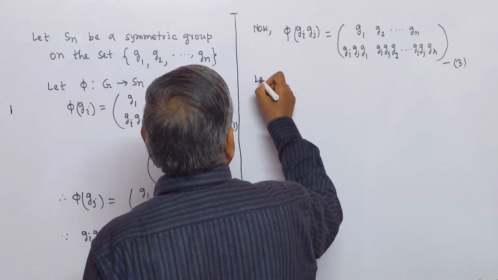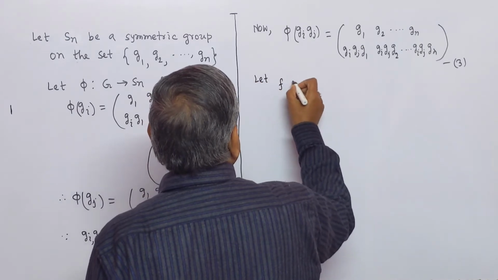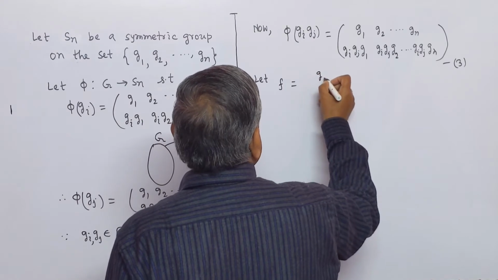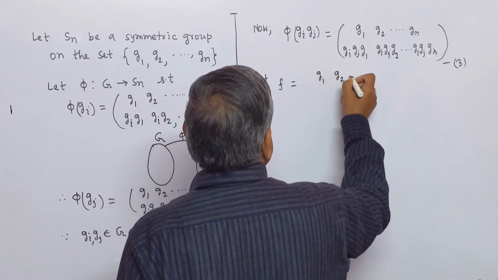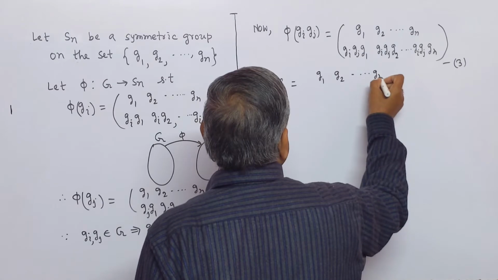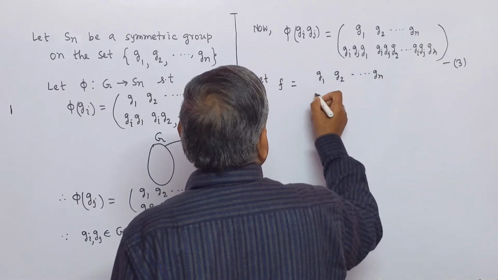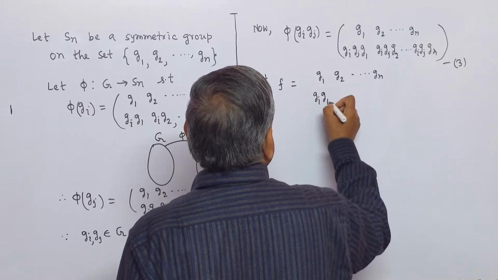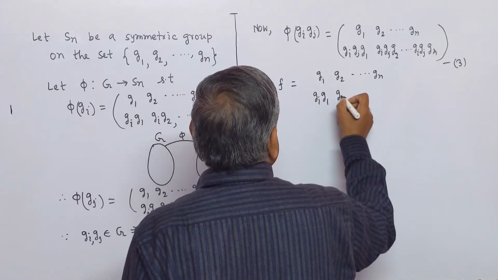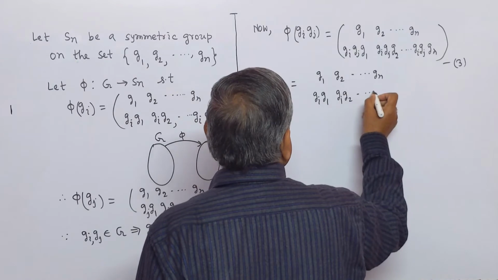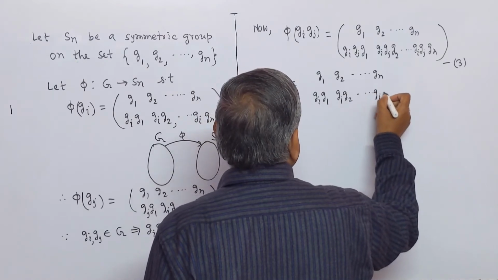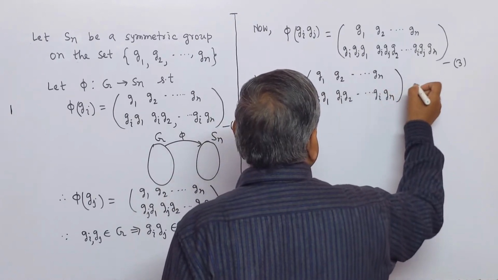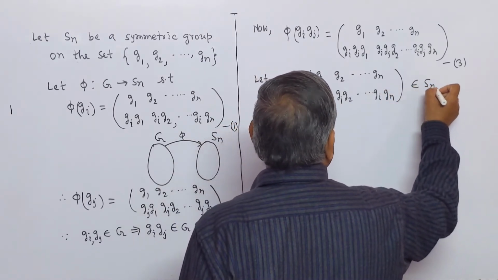Let f equal the permutation mapping g1, g2, ..., gn to gi g1, gi g2, ..., gi gn. This is a permutation belonging to Sn.